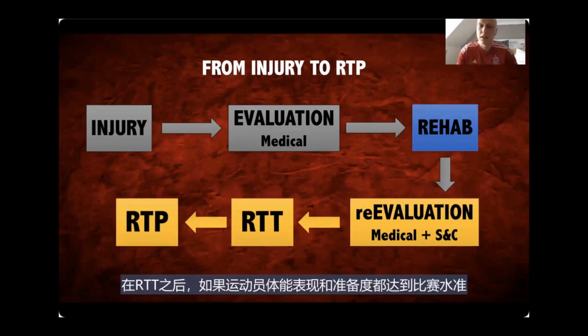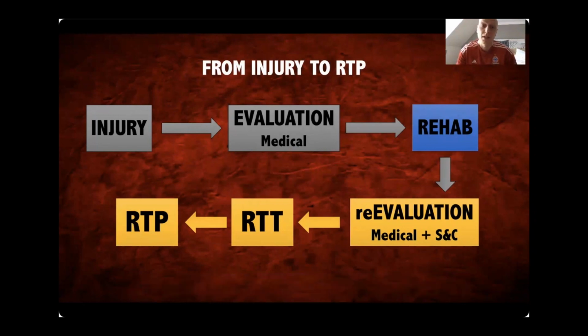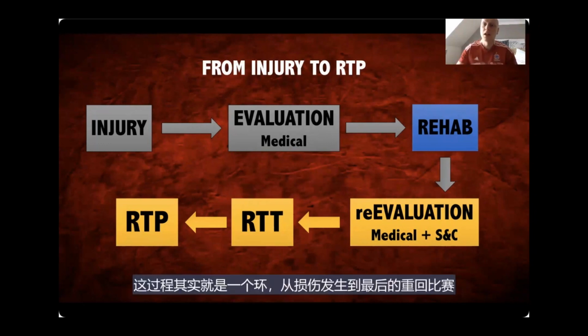And then finally, after returning to train, if we improve physical performance and readiness of the player to play the game, actually to compete, then we are talking about the real return to play process. And this is basically a loop that goes from the injury all the way to the return to play process.